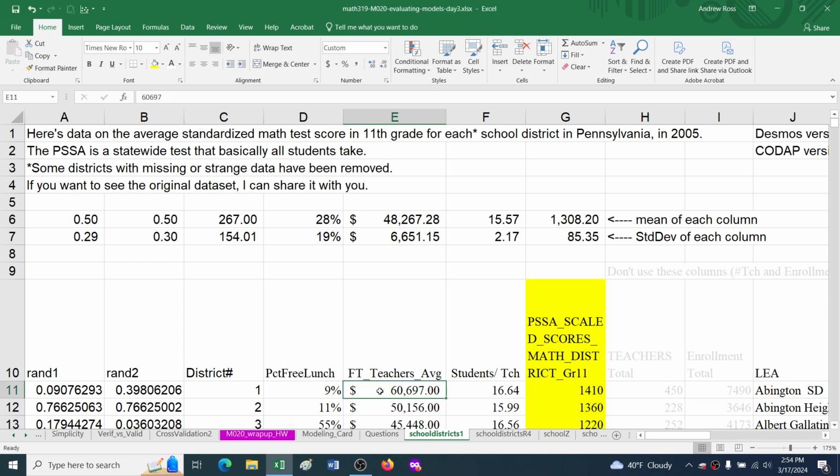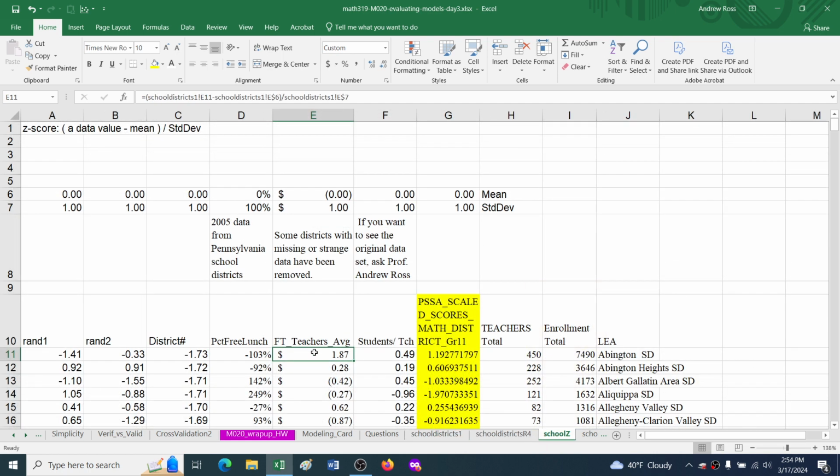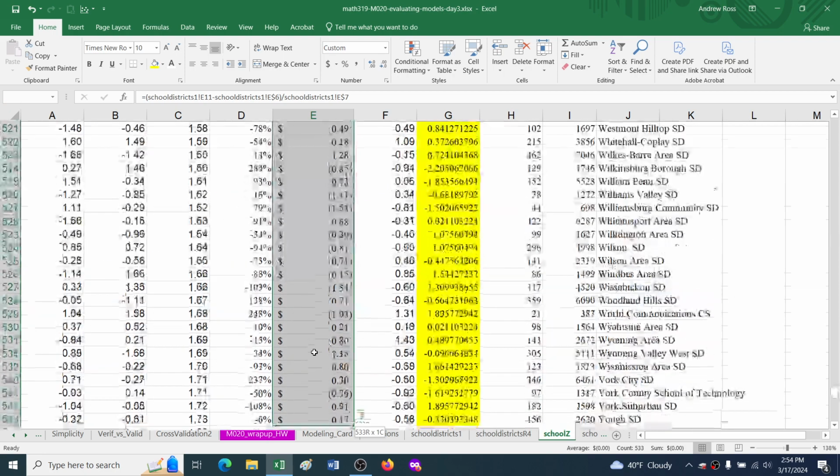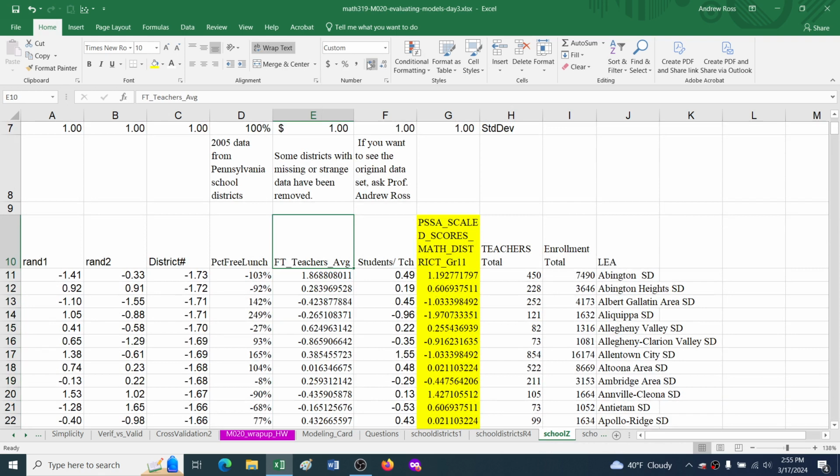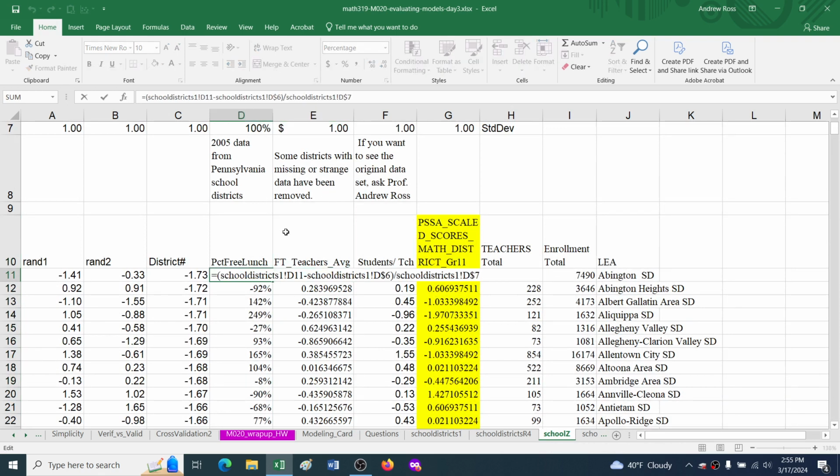So we're doing $60,000 minus $48,000 divided by $6,000 roughly, and that gives us a unitless quantity. That's the z-score. And because it's unitless, we should really no longer show these as dollars. We should just show them as generic numbers. We're doing the same thing for percent free lunch.